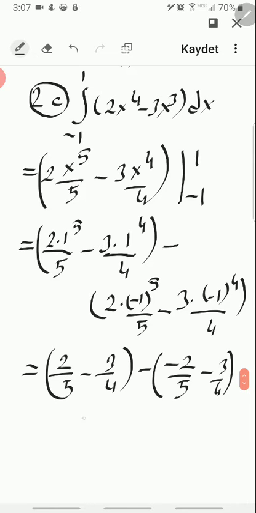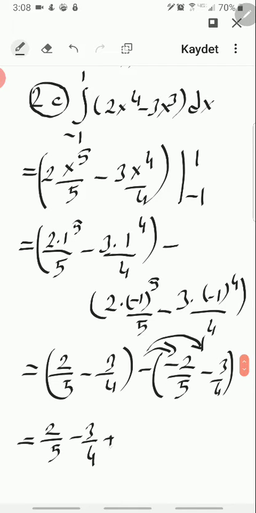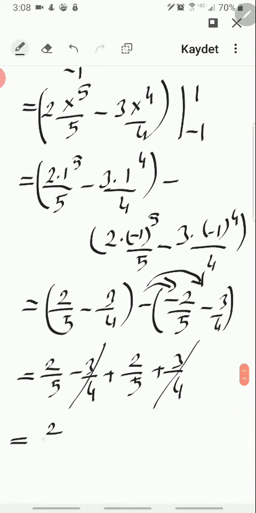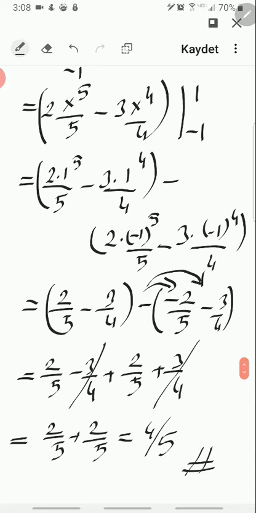Instead of operating that, I'm going to distribute the minus over the difference. We get 2 over 5 minus 3 over 4 on the left part. On the right part, minus times minus is plus 2 over 5, and minus times minus again is plus 3 over 4. Could you see any cancellation here? Of course, we can cancel. Finally, we get 2 over 5 plus 2 over 5, which is 4 over 5. This is our final answer.